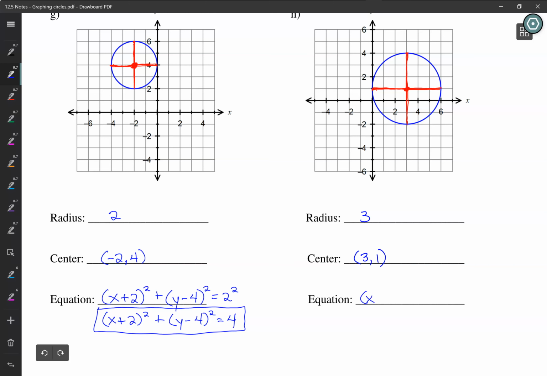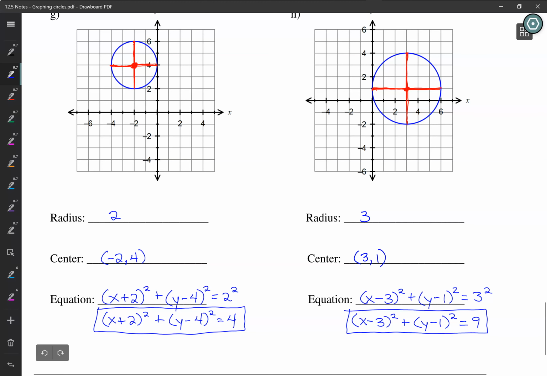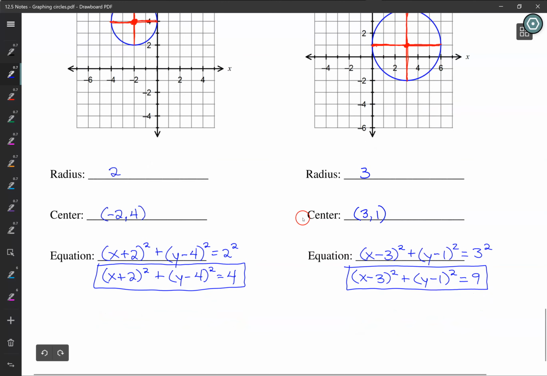So we have x minus 3 squared plus y minus 1 squared equals 3 squared. So x minus 3 squared plus y minus 1 squared equals 9. So all you have to do is look at the graph to find the center and radius. It's just one extra step.